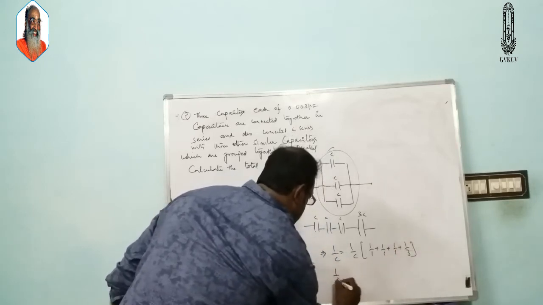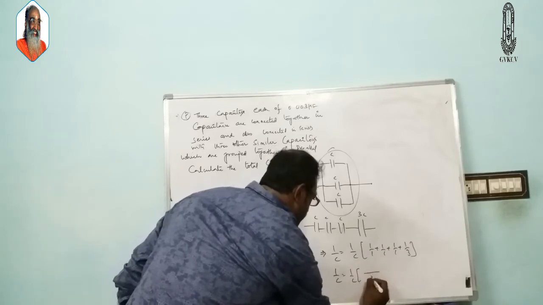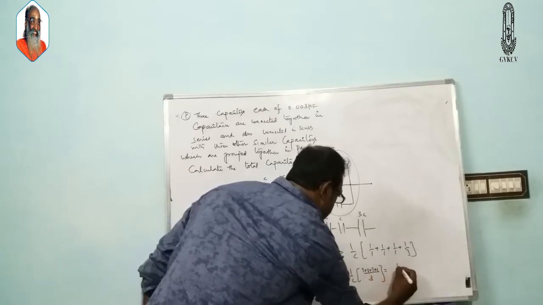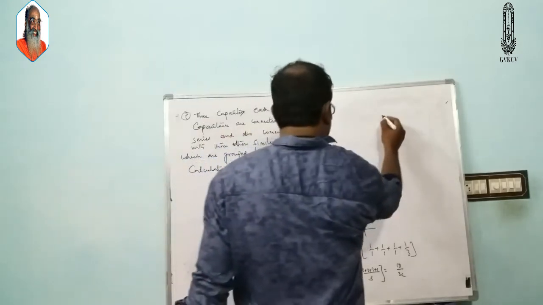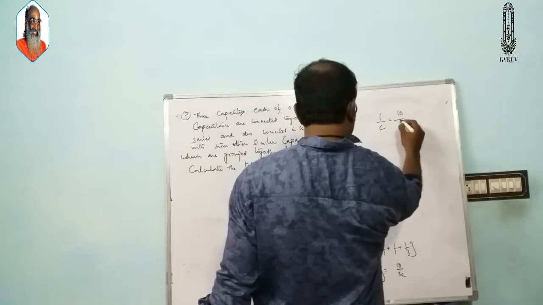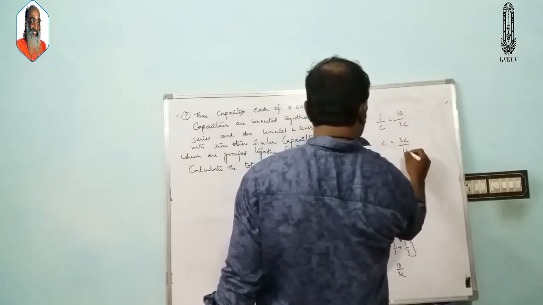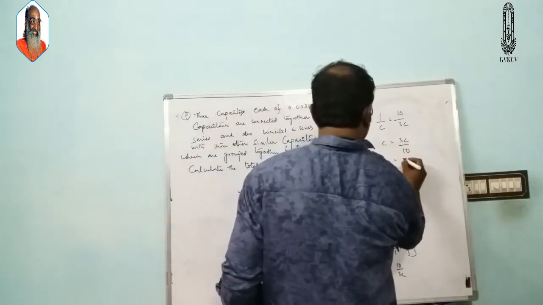So 1 by C is equal to 1 by C into, because of this, 3 plus 3 plus 3 plus 1, it is 10 by 3C. So 1 by C is equal to 10 by 3C. So C is equal to 3C by 10. So what is the capacitance here? It is 3C by 10.